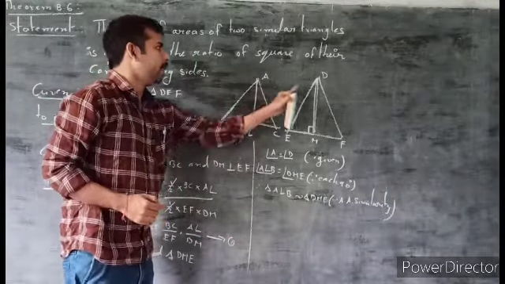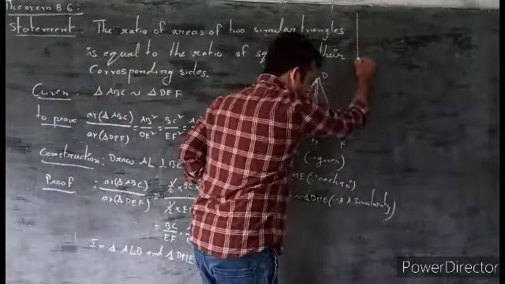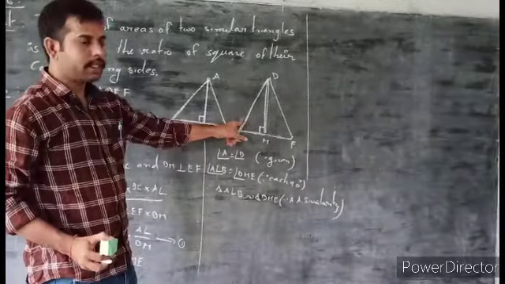The first case is over. The second one is that the corresponding sides are proportional.